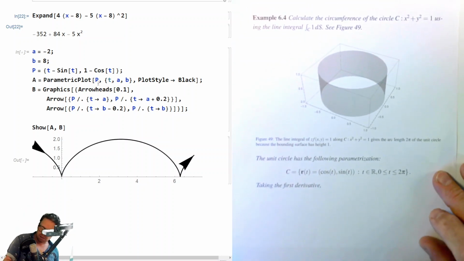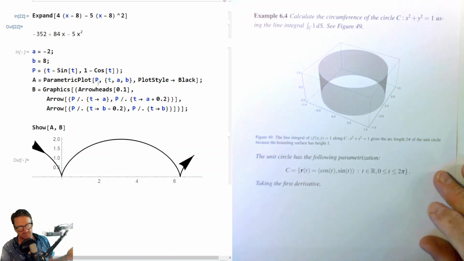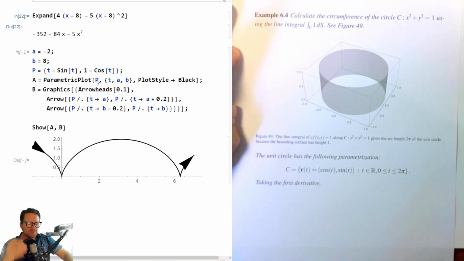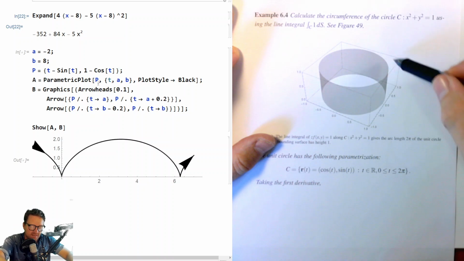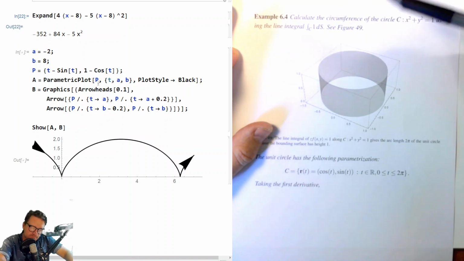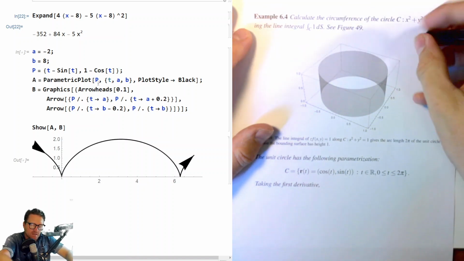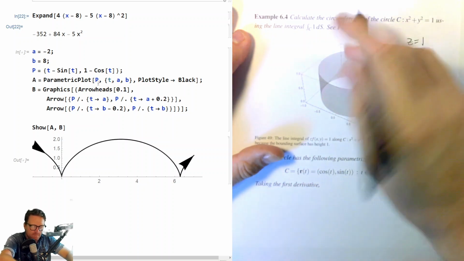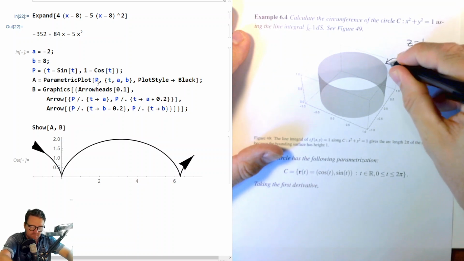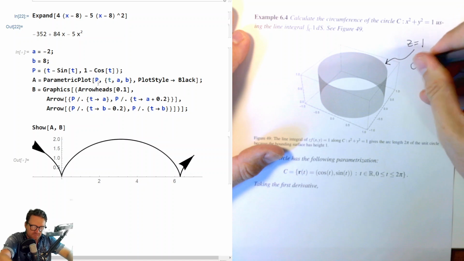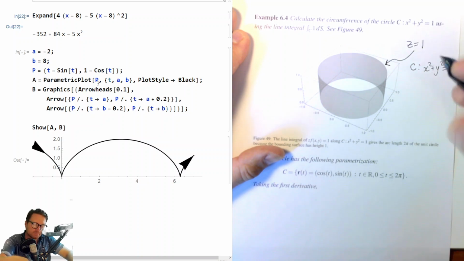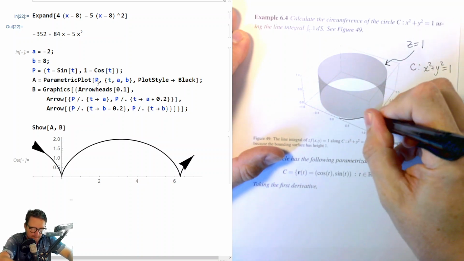Okay, so back to the idea of the surface area of the ribbon under the surface. So the arc length of the unit circle is the length around this, right? But we can also view this in the light of it being a line integral, because we've got a surface z equals 1, that's the top of this. And then the curve is x squared plus y squared equals 1. That's around the bottom here.